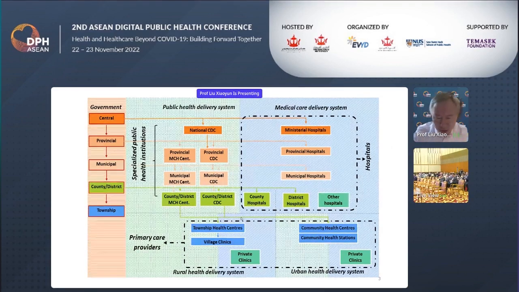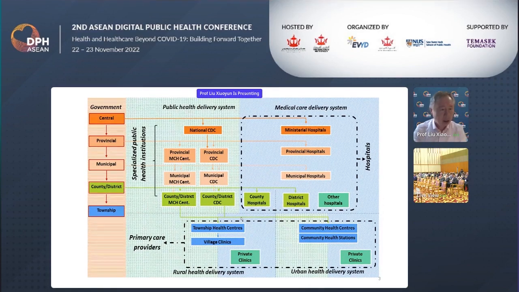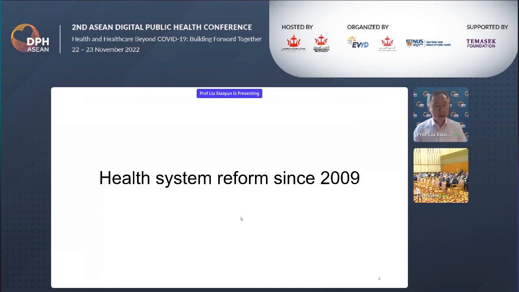One unique characteristic of the Chinese primary care system is that it delivers both primary medical care and essential public health services. So with that as the background context, I will start to introduce the health system reform since the year of 2009.